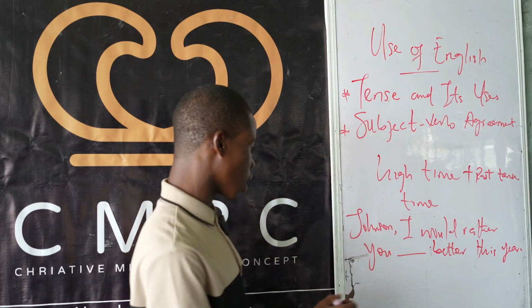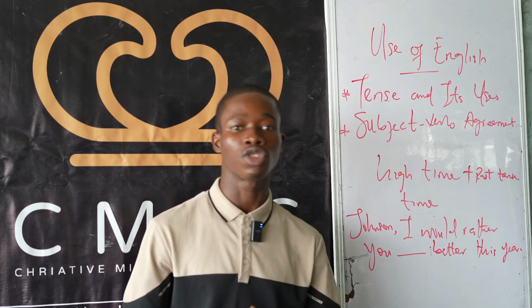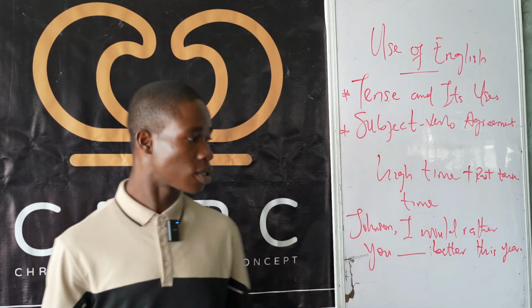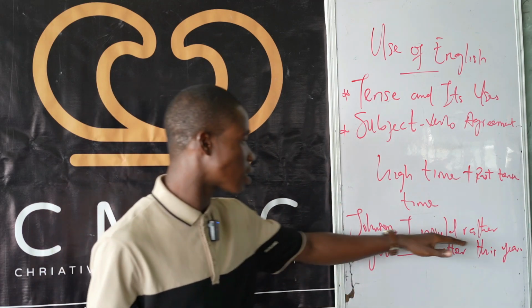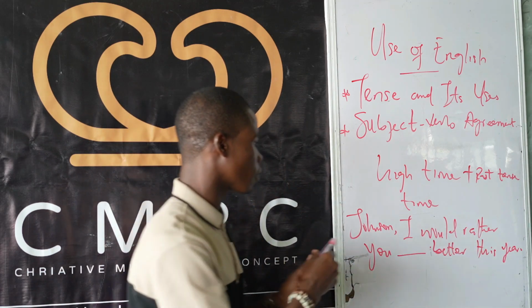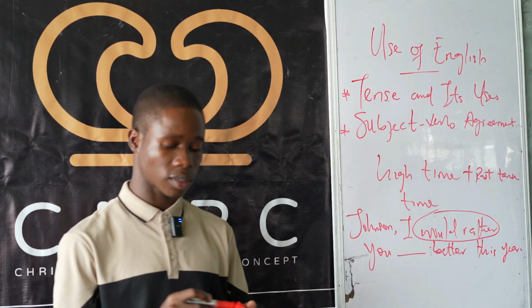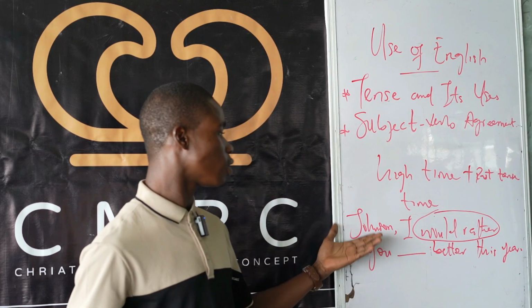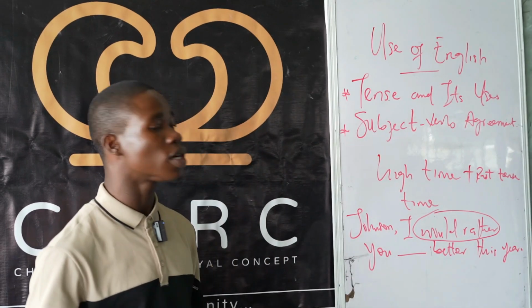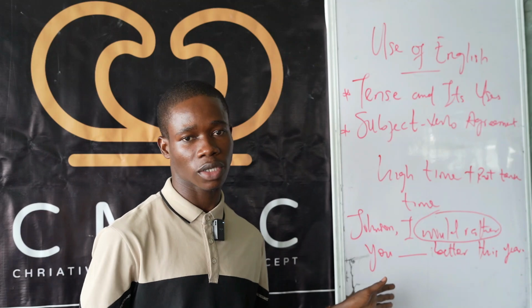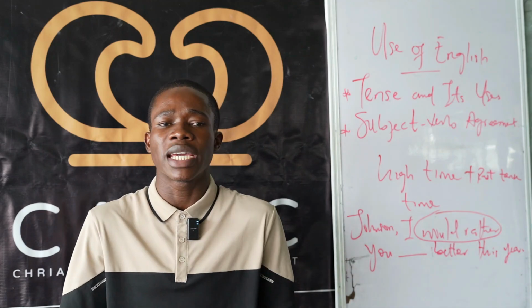And you have the options like do, did, or let's say prepare, prepared. You understand? So that rule says you use past tense with would rather when you're giving a piece of advice. So what I'm saying is you say, Johnson, I would rather you prepared better. So past tense is used for that also. I would rather you prepared.